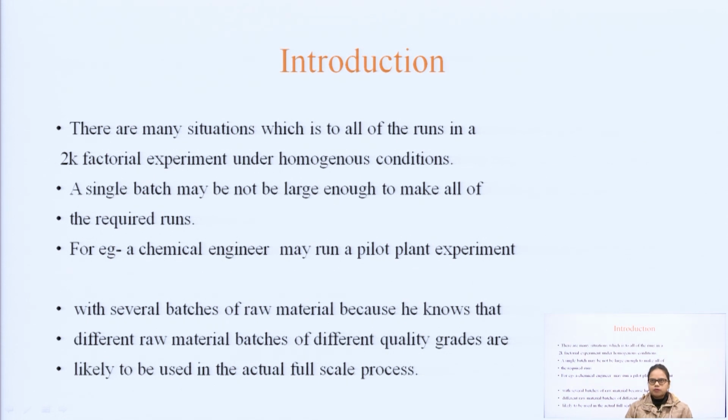So my point is that all this arrangement is known as the blocking system or confounding system. For a very simple example, in your kitchen you keep so many utensils. You put plates in one section, spoons in one section, so you can easily find them.